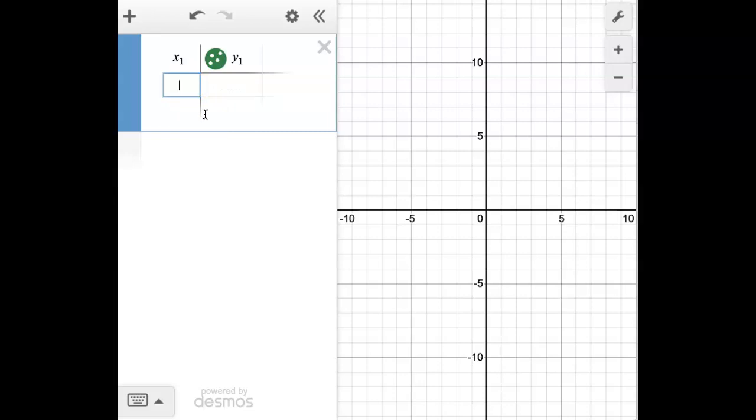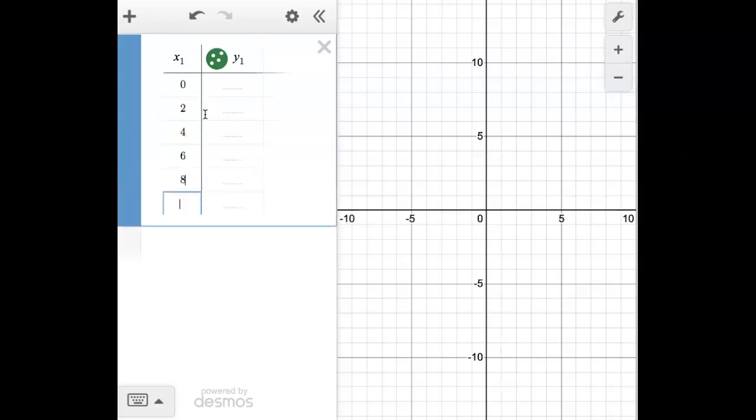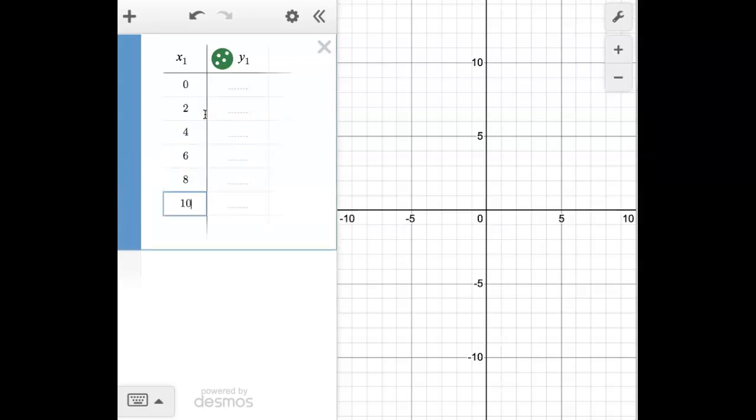So the data was 0, 2, 4, 6. These are just the inputs, of course. 8, 10, 12, and 16.